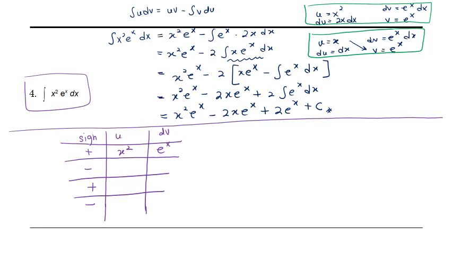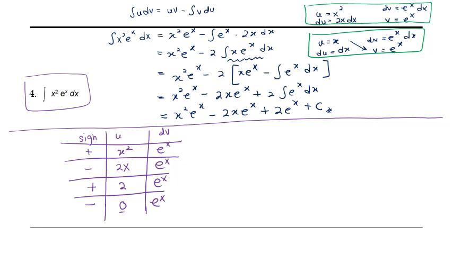Tengok u dulu, bahagian differentiation. Differentiate x square, 2x. Differentiate 2x, 2. Differentiate 2, 0. Then integrate exponent x. Integrate exponent x. Lagi integrate exponent x. Okay, kita berhenti sebab dah ada kosong kat sini.